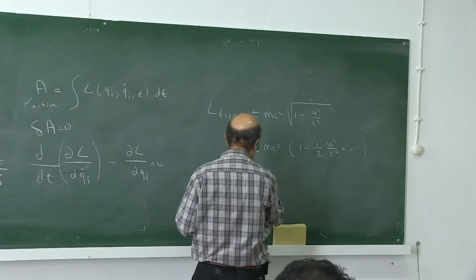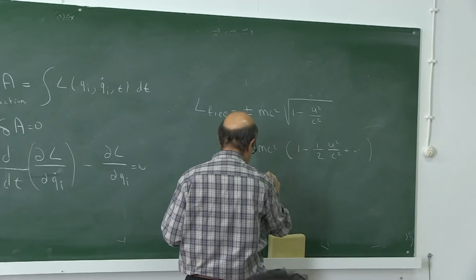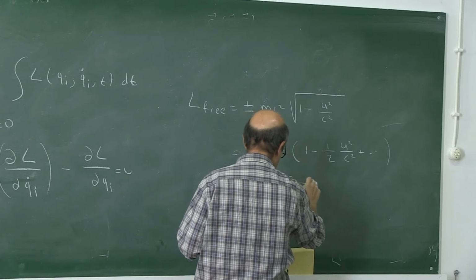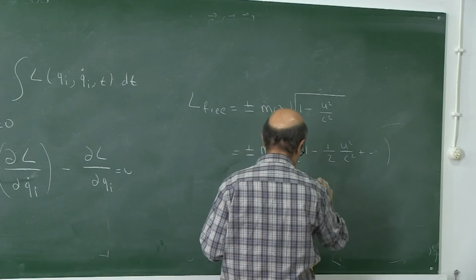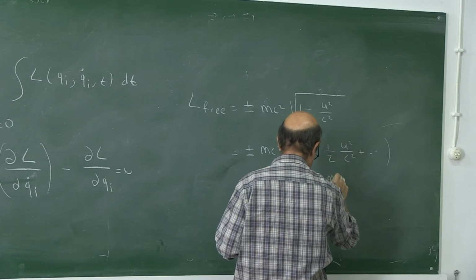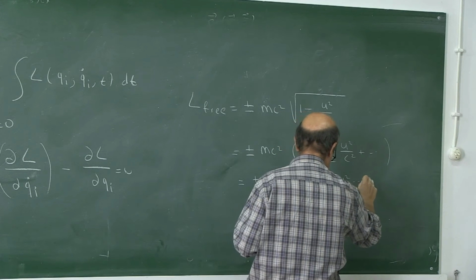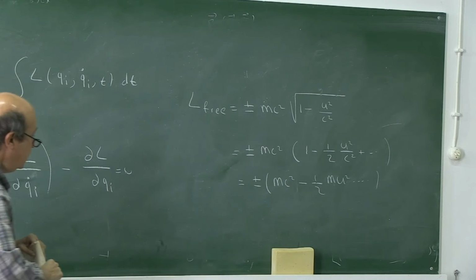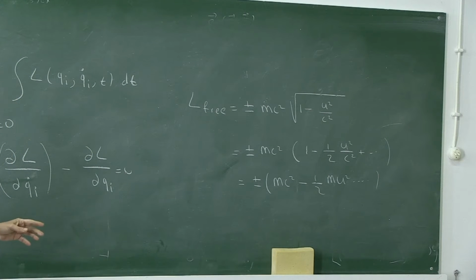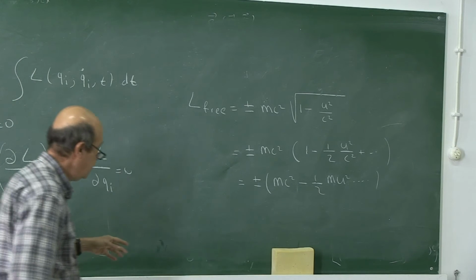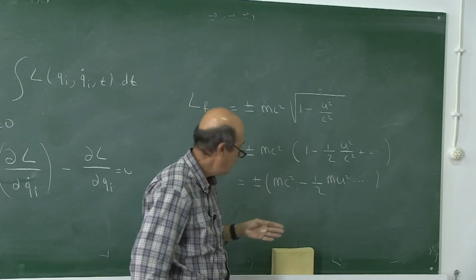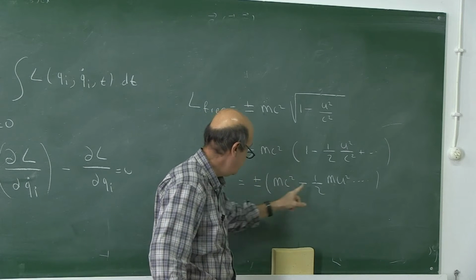You will obtain plus or minus mc squared minus 1 over 2 m u squared, or v squared. So if you want to go to the non-relativistic limit, if you say this is alpha, alpha should be m. If you put plus, this will be minus.